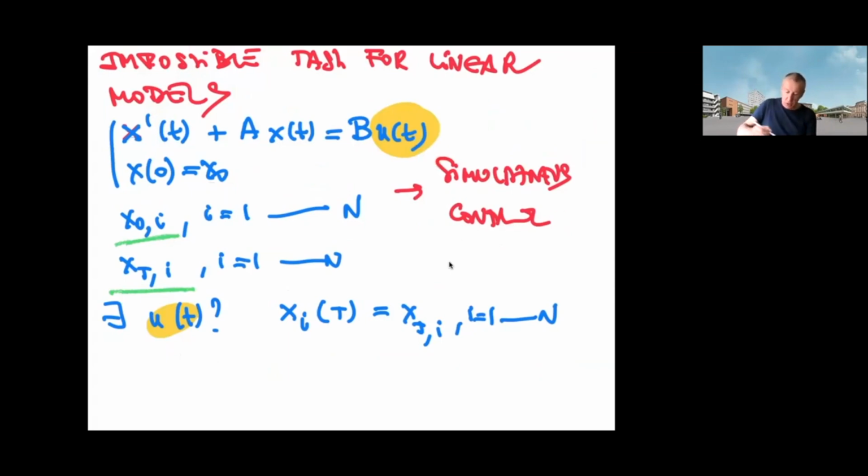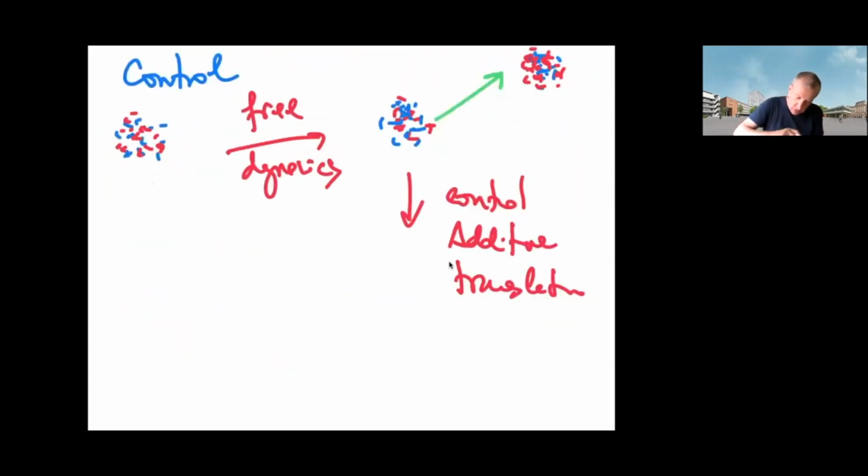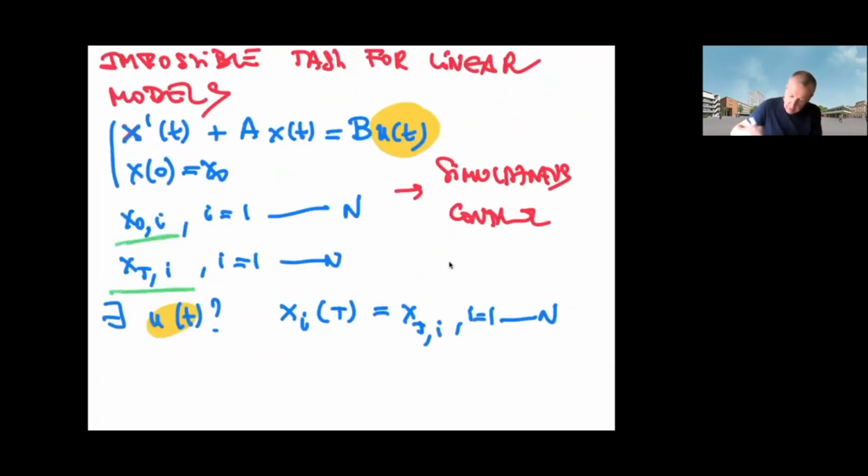This is what is called simultaneous control. It is also called in the literature sometimes ensemble controllability. Right? Why? Because we are controlling simultaneously all together an ensemble of trajectories, right?